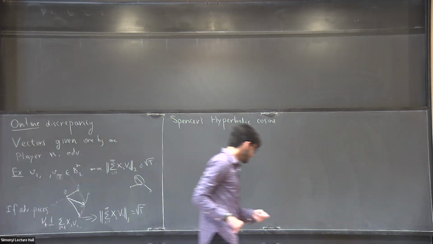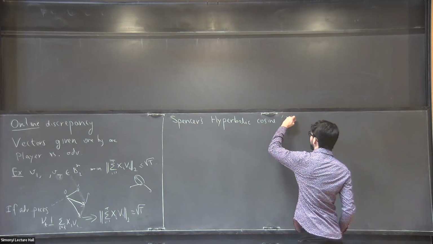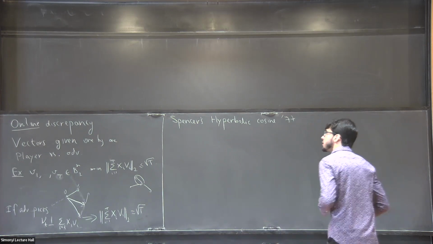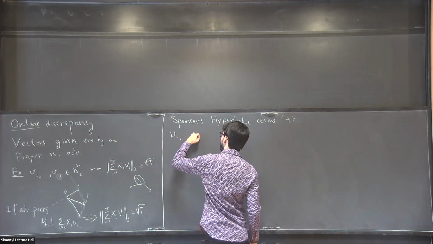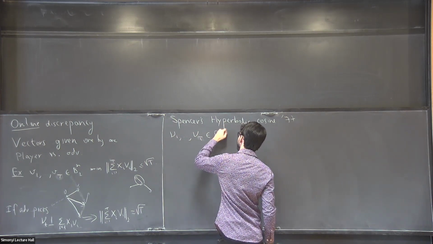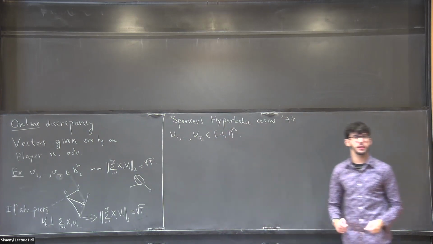This is due to Spencer also from '77, so it's much earlier than his theorem. Here I'm considering the vectors are in the unit cube. And again, I need to pick the signs as they arrive.